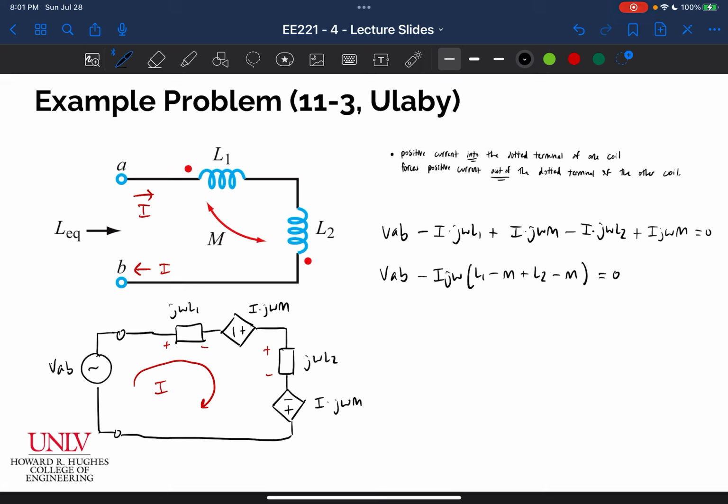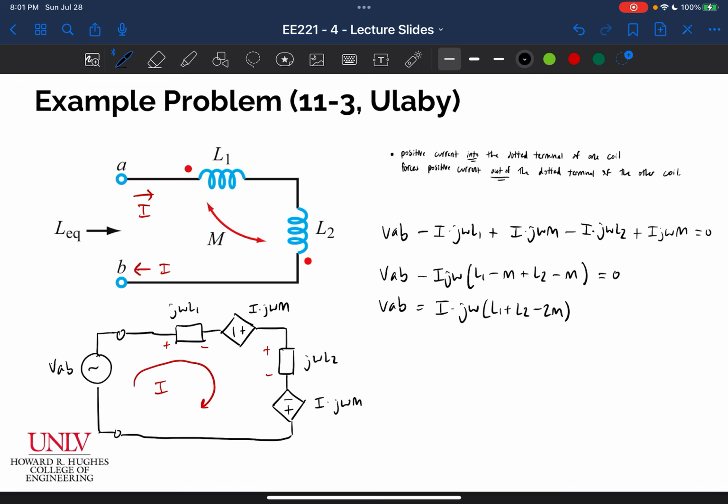And so I can basically write VAB, and I can take this entire thing over to the other side by adding to both sides. I get VAB equals I times J omega times L1 plus L2 minus 2M.